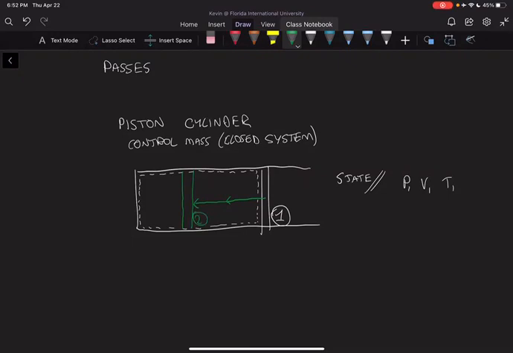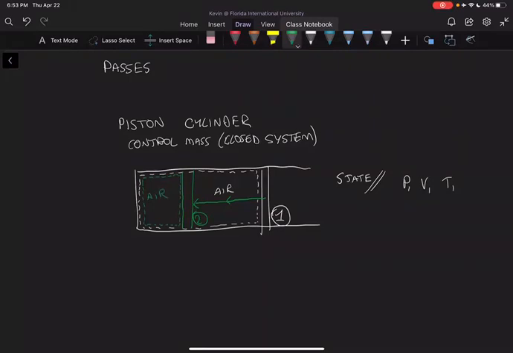So now our same system still has the same mass. Okay, but now our piston has compressed the fluid inside. Okay, so let's assume the fluid is air just for ease. So the air is compressed to a certain amount.